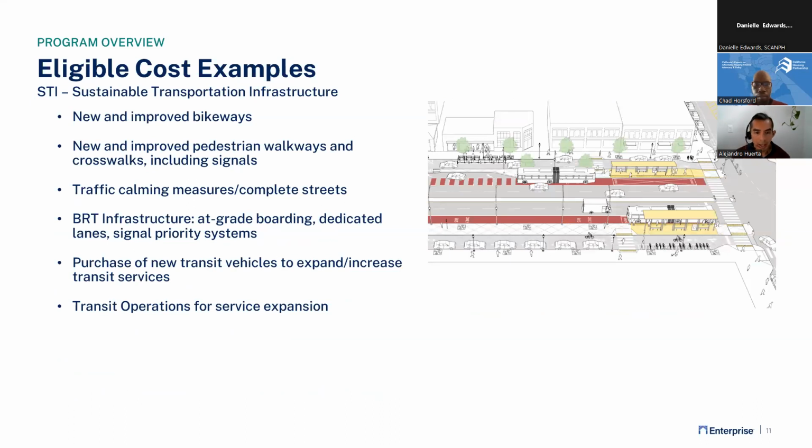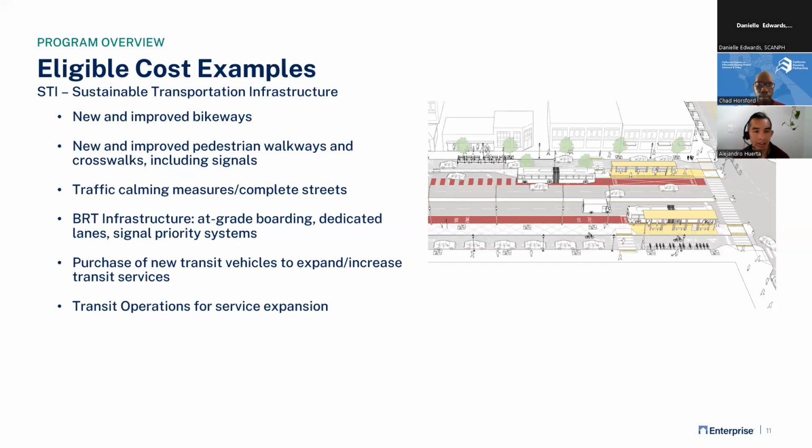Thanks, Chad. I will go over now the other crucial part of the funding bucket, which is all the public improvements and those eligible costs. So broadly speaking, as Chad mentioned, there are these two categories, STI and TRA. For the STI, that really is focused on funding big things that will get people out of their cars, as Chad mentioned.